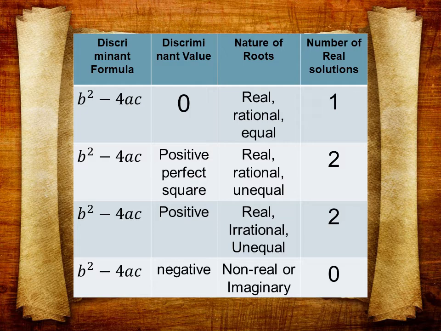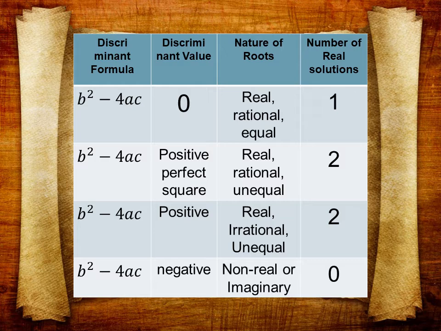For the fourth row, we have b squared minus 4ac as your formula. And you got negative numbers. All negative numbers, including negative perfect squares. For example, negative 4, negative 9, negative 11. All those negative numbers. So, your nature of roots are non-real or imaginary.